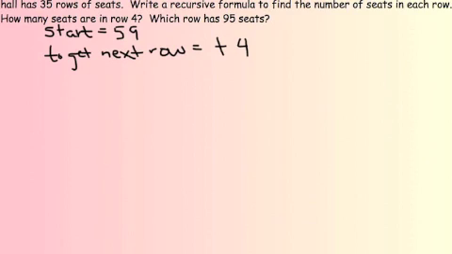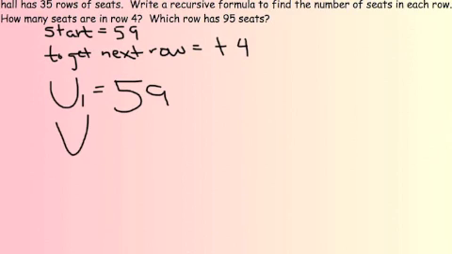So mathematically, here's the notation. u1 will be 59. u_n equals u_(n-1) plus 4.